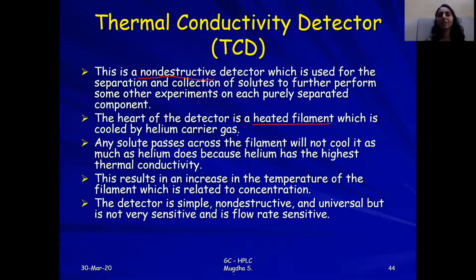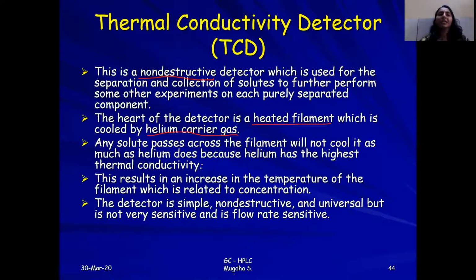That means our column carrier gas, which is helium or nitrogen, or it could be argon, or it could be carbon dioxide. If it is helium, the filament is naturally being cooled by helium. Any solute passing across the filament will not cool it as much as helium does, because helium has the highest thermal conductivity.